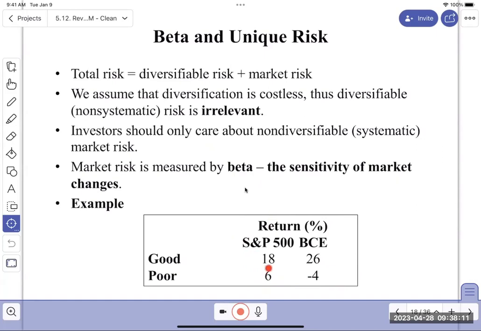S&P 500 returns represent a proxy for market returns. So the market performance, state of the economy, or return on risky assets in a well-diversified portfolio. I say well-diversified because we pick the top 500 performing stocks at any point in time. And these are the returns to a company, BCE Corporation.